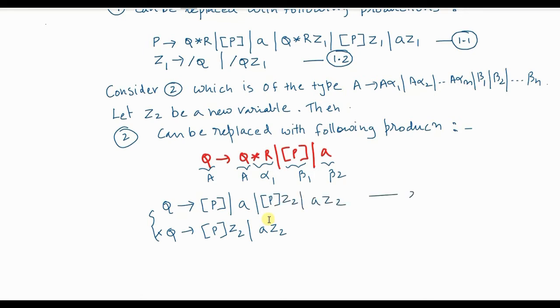So this will be 2.1. Since I have cascaded it, I don't have to write 2 productions for Q. Similarly, Z2 itself can be written as alpha 1, alpha 2 and so on. So Z2 contains only alpha 1, that is into R, or into R Z2. So this is 2.2.